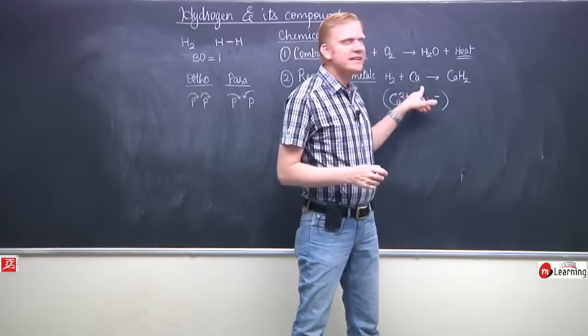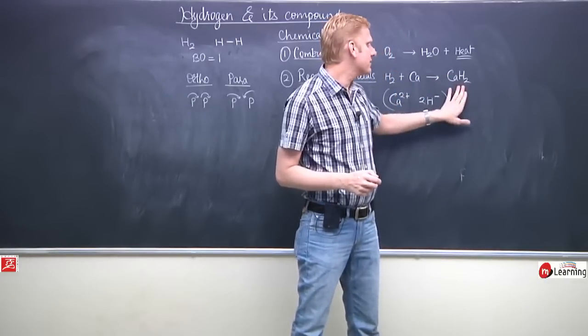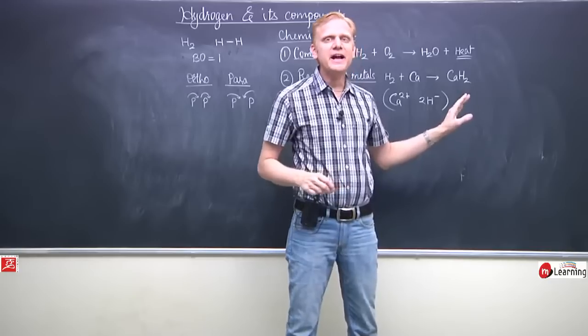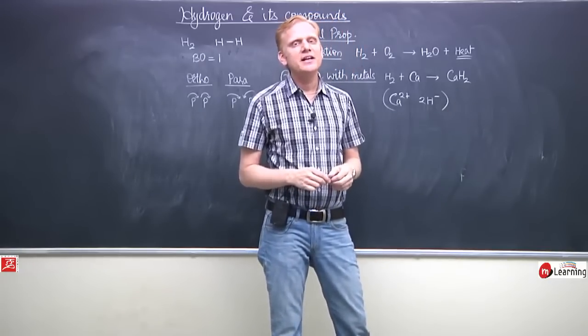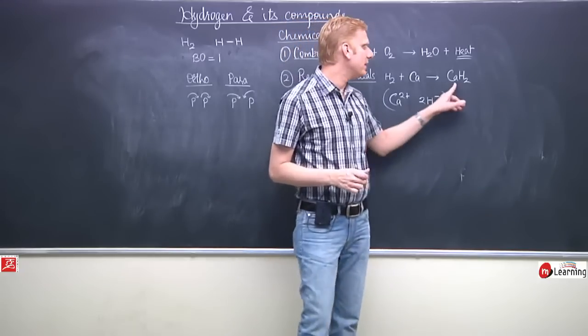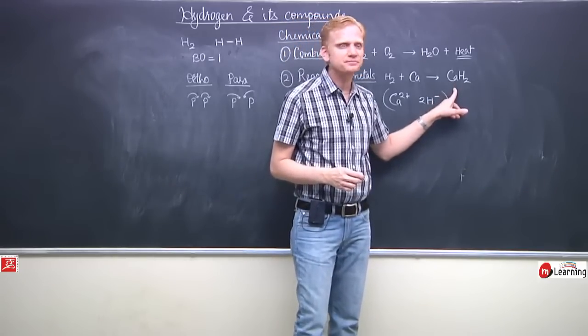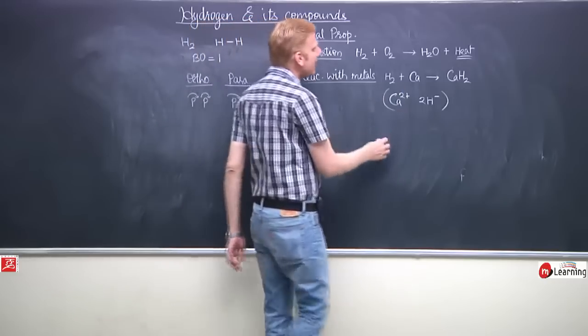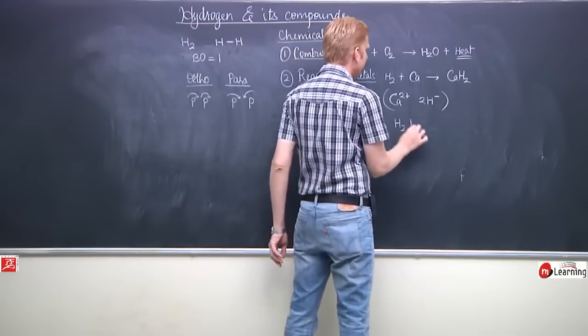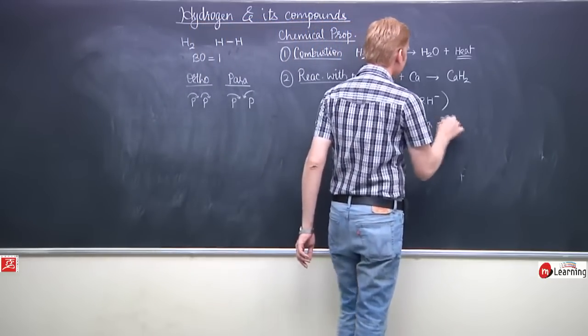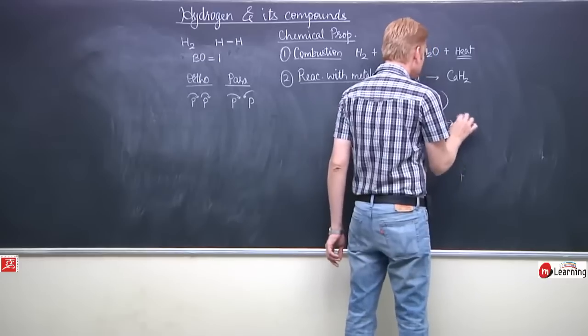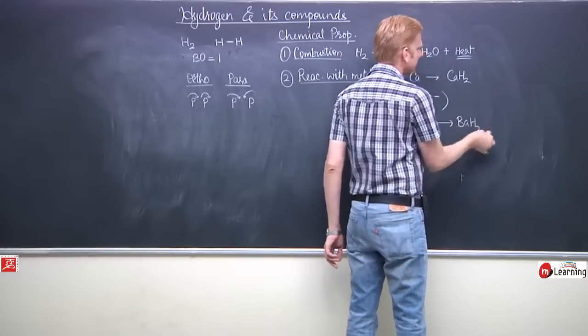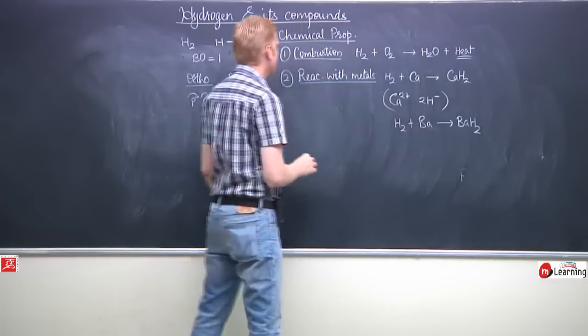Hydrogen can be combined with calcium. It forms a safe compound, calcium hydride, and wherever hydrogen is required, by the addition of water to this compound, we get hydrogen gas. So this is the reaction with the metals, not only with calcium but with barium, magnesium. The reactions are possible.